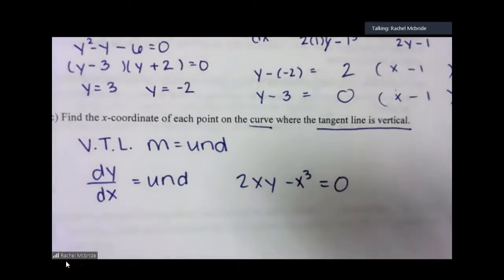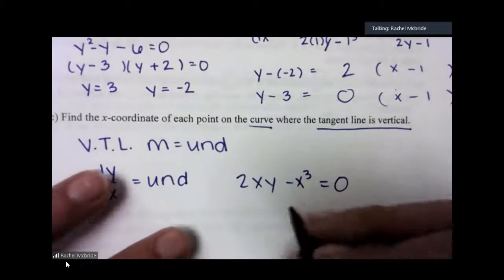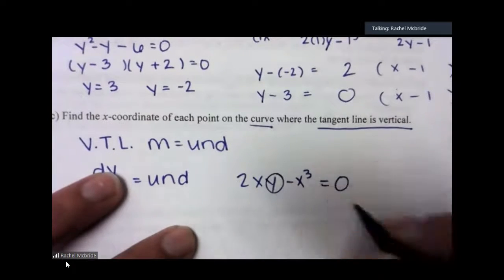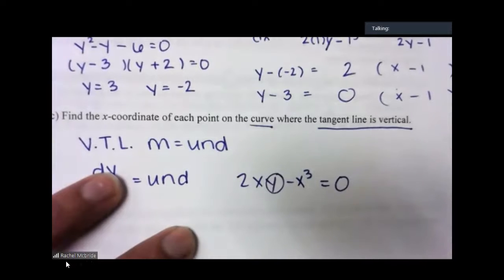The x-coordinate at which the vertical tangent line would occur is when the denominator equals 0. So I want to know what x is. So what do I have to get rid of? Here. So how can I get rid of y?